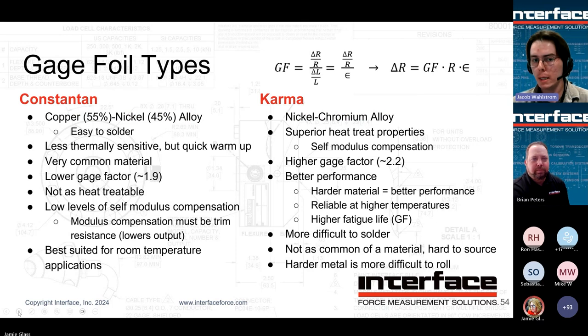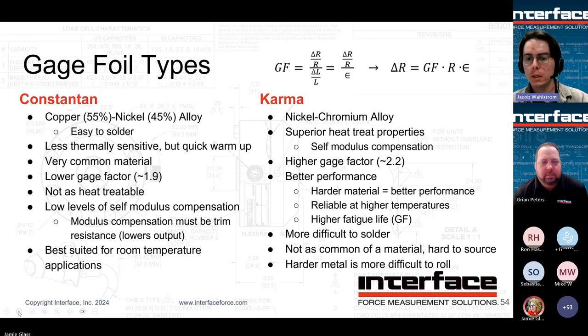So there's two main types of foil gauges. There's plenty more, but these are the two main ones. We'll start with Constantan. It's a copper nickel alloy, and that makes it very easy to solder to. It's a little bit less thermally sensitive. It warms up quicker. It's a very common material, but there are some drawbacks. It has a lower gauge factor, and it's not as easy to heat treat, especially to the extent that you would need to in order to have self-modulus compensation.